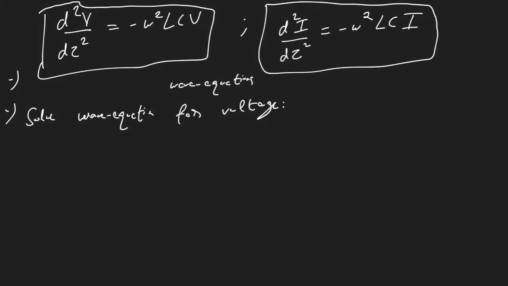This is d2V by dz squared, equal to minus omega squared LC V. So let's take a trial solution, right? I mean, you're doing differential equations in math methods. So let's take a trial solution.